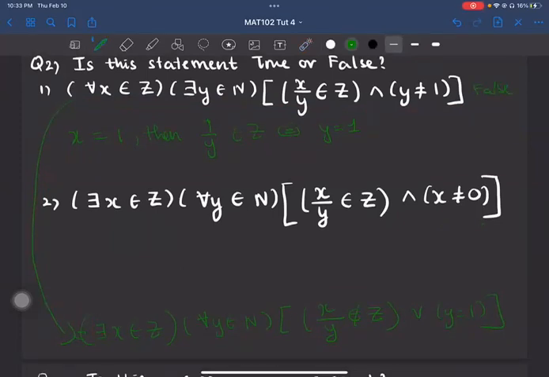For the second statement, they say there exists an integer x such that for all natural numbers y, x over y is an integer and x is not 0. So it's just saying there is an integer that is divisible by all natural numbers, and that integer is not 0.